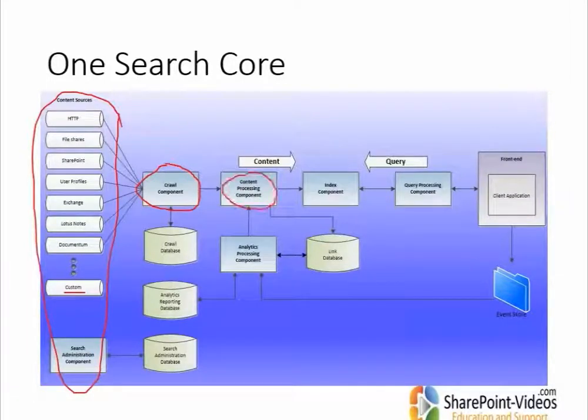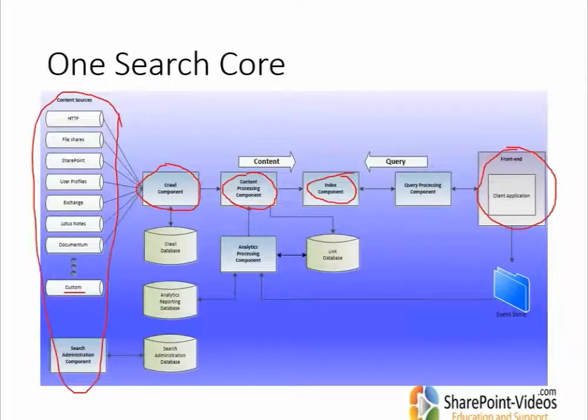The content processing component is the one that processes the content items, extracts the metadata, works on the linguistics, etc. And finally, those items will get indexed. From the other side, we have the front end. And this front end can be any kind of client application.